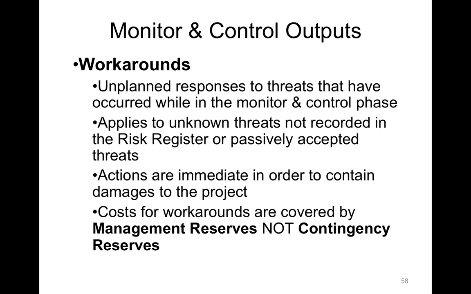Workarounds are plans that are put in place quickly to respond to these unplanned, unknown risks. That is reactive planning. They're reacting and responding as fast as possible to reduce the damage on the project. So they're covered by management reserves, not by contingency reserves.